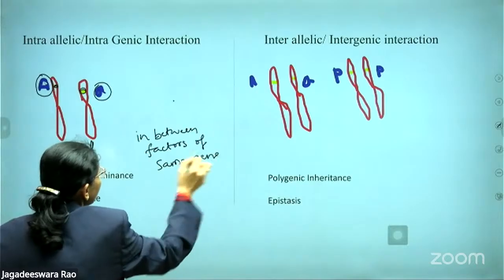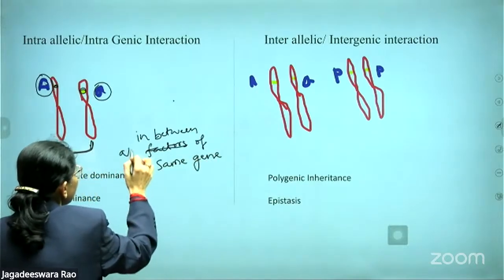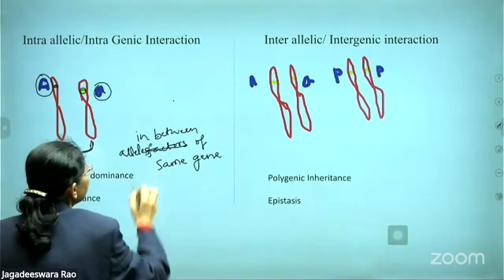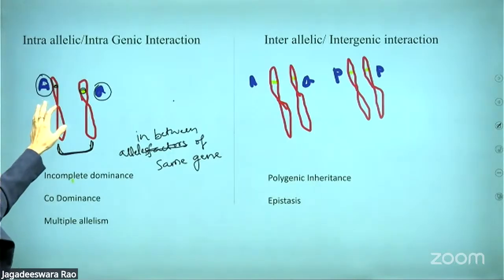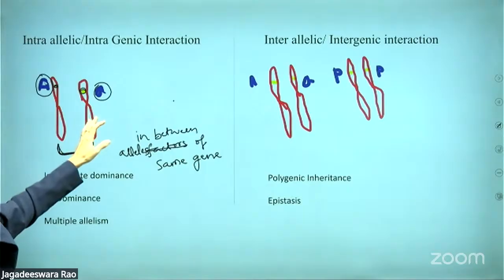I should write, the proper form is alleles of the same gene. If there is interaction between alleles of the same gene, it is called intra-allelic interaction. Because of this interaction, one example I can give you. See, this axial position of the flower is dominant over terminal position.